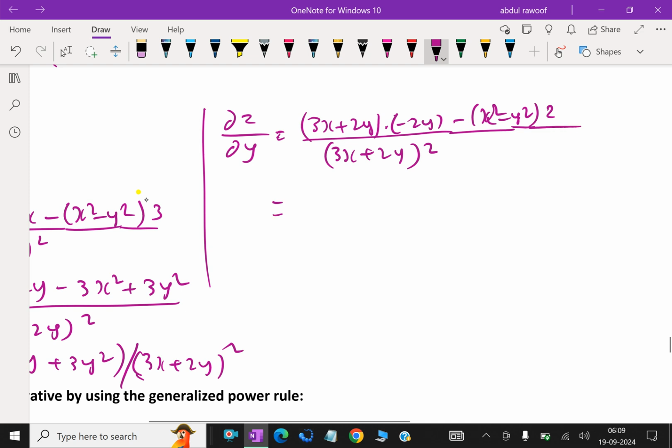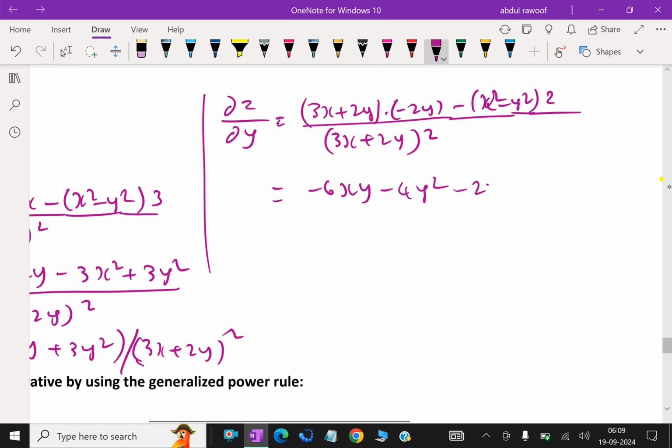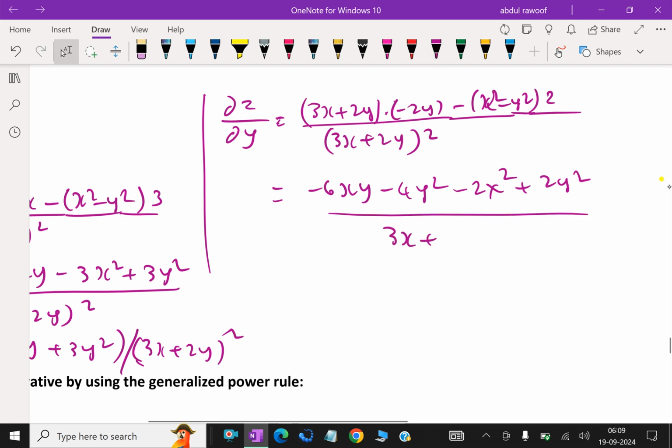So which is equal 3x into minus 2y is minus 6xy plus 2y minus 2y is minus 4y square. Here x square into 2 is 2x square plus 2y square over 3x plus 2y the square.